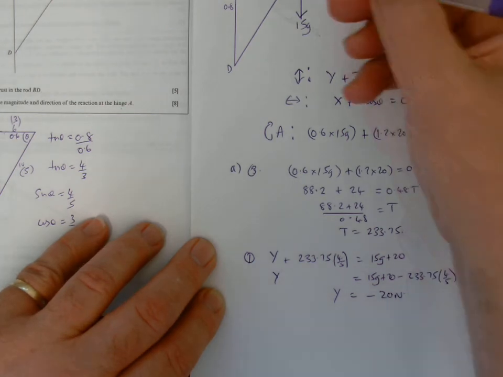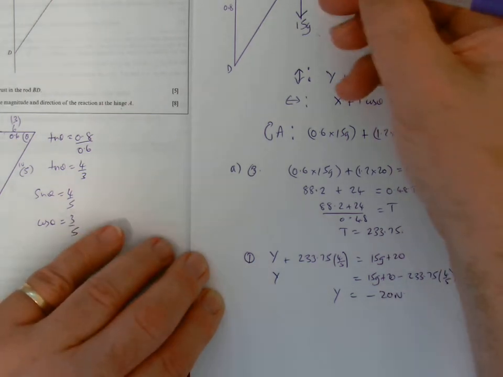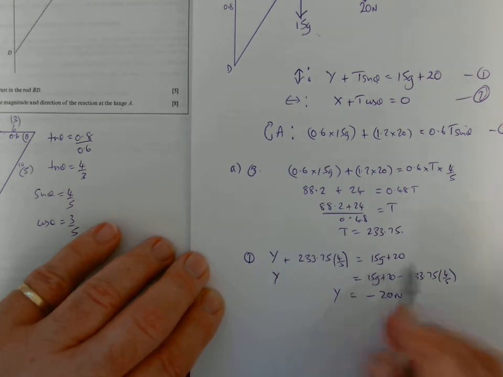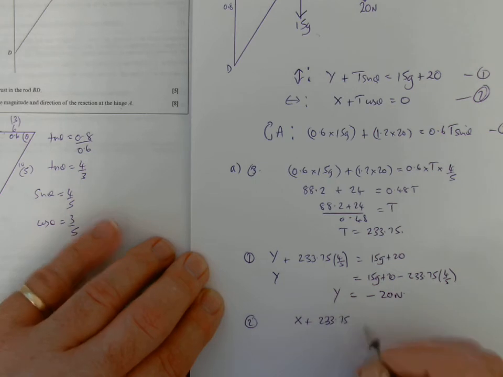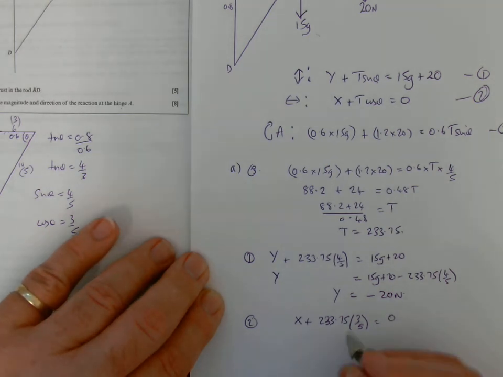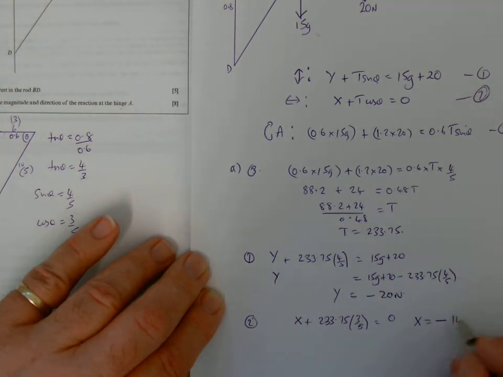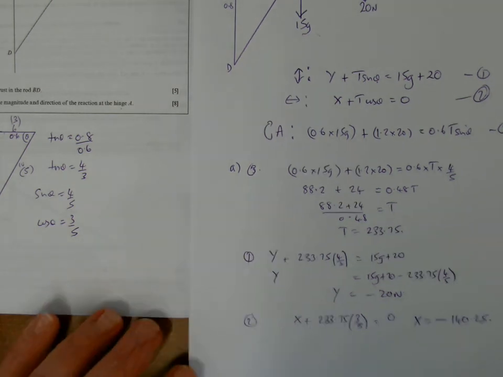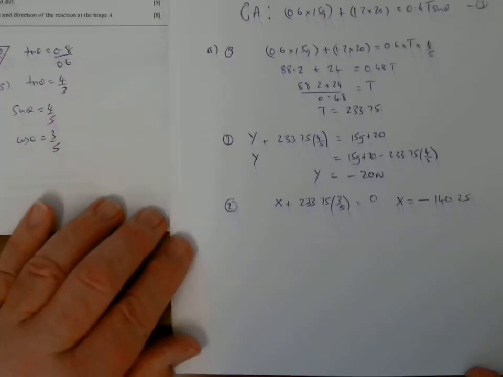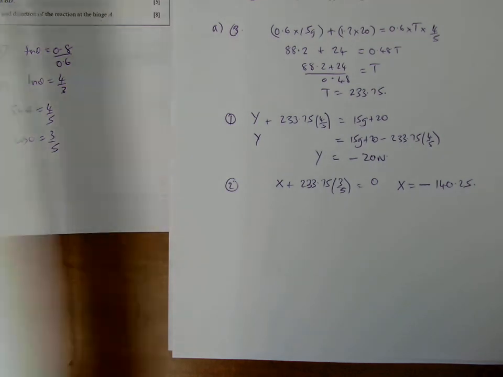So as it turns out, the direction of y was incorrect as well. The second one gives me x plus 233.75 cos theta, which is 3/5, equals 0. So that gives me x is equal to minus 140.25.